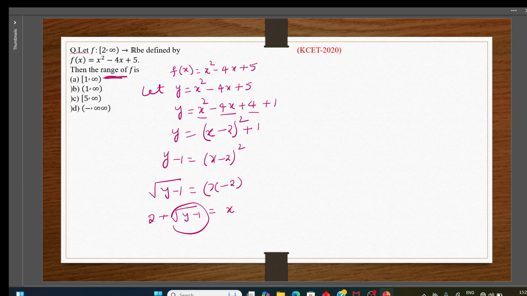Consider this square root of y minus 1 as a function. Here we need to find the range of y, so y minus 1 is greater than or equal to 0. So y is greater than or equal to 1, which means the closed interval 1 to infinity. So this is the answer.